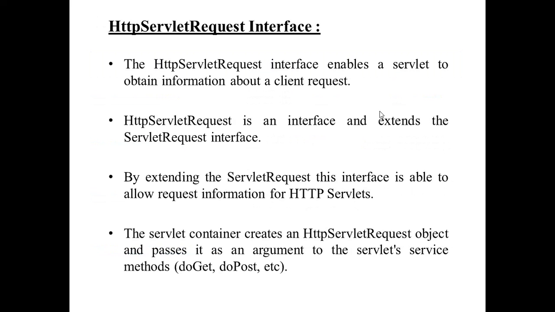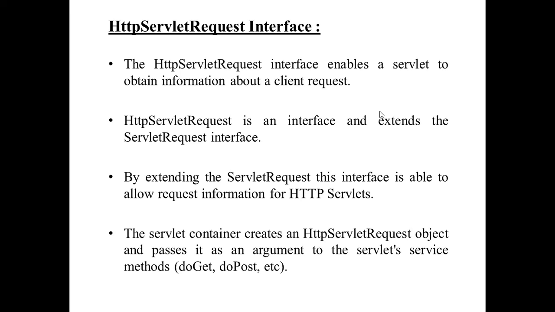First, HTTP servlet request interface. The HTTP servlet request interface enables a servlet to obtain the information about a client request. So, if you want to obtain the information about the client request, at that time the HTTP servlet request interface is used. The HTTP servlet request is an interface and extends the servlet request interface.